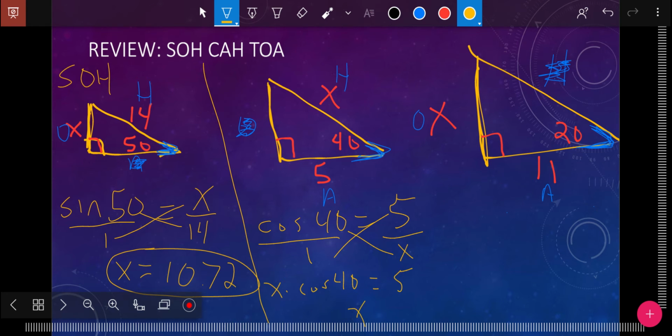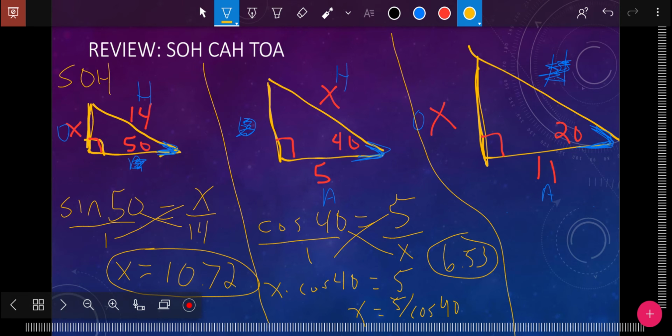So I have to do one more step where I divide by cosine 40. So it's 5 divided by cosine 40. 5 divided by cosine 40 is 6.527 or 6.53. Right?